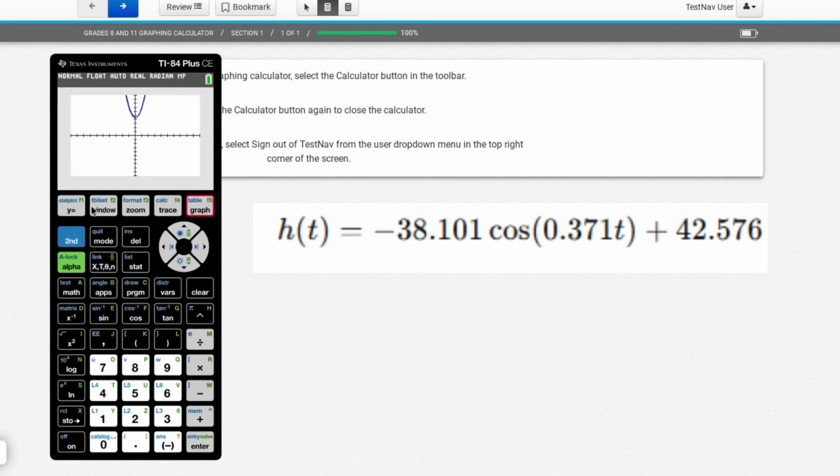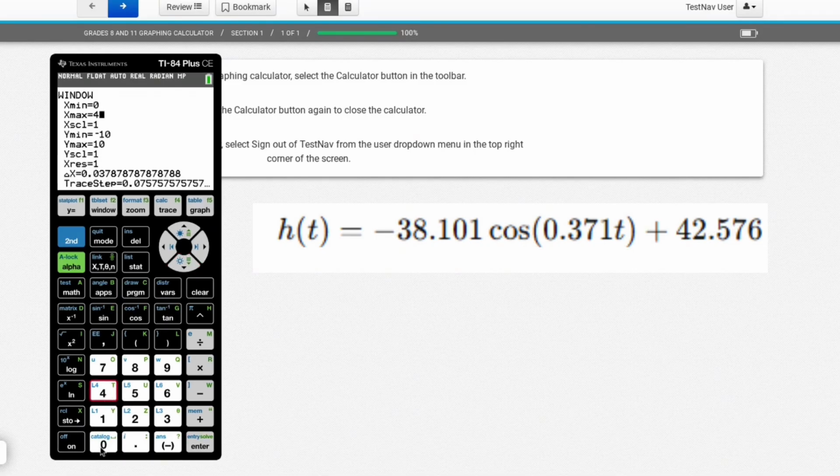That's because if you look at this equation that we just typed out, amplitude is nearly 40, and our midline is above 40. So we really need to adjust our window to make life easy for us. Looking at A, B, and C, the x values, which is the seconds, is going to reach around 30. So let me change my x min to 0 because I don't need negatives.